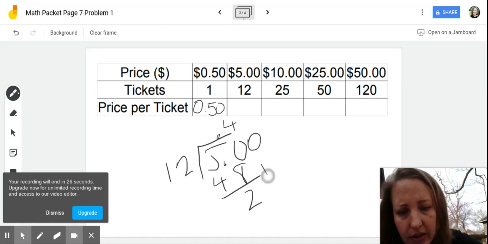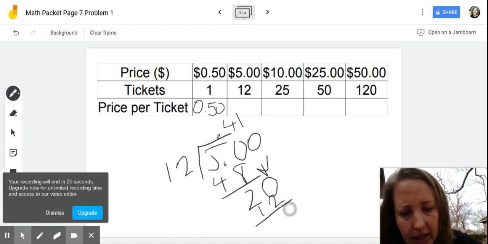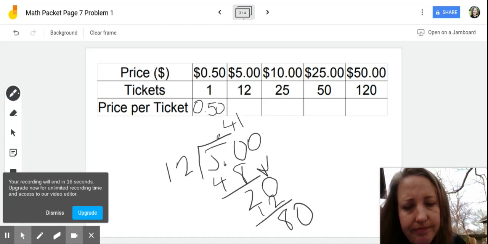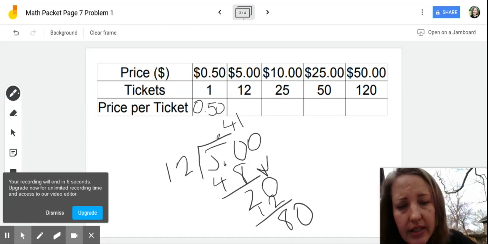Annex another 0. 12 goes into 20 1 time, and that's 12 with 8 left over, right? 12 goes into 80. 12, 24, 36, 48, 60, 72. I think that's as good as I can do, right? Did I say 75? 6 times 12.